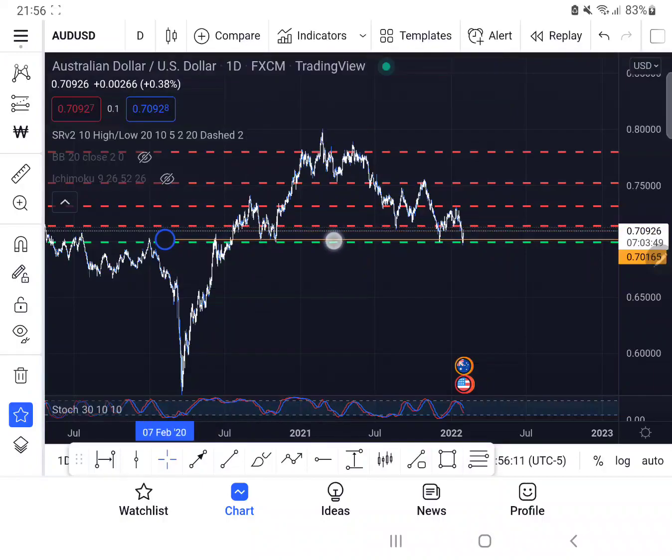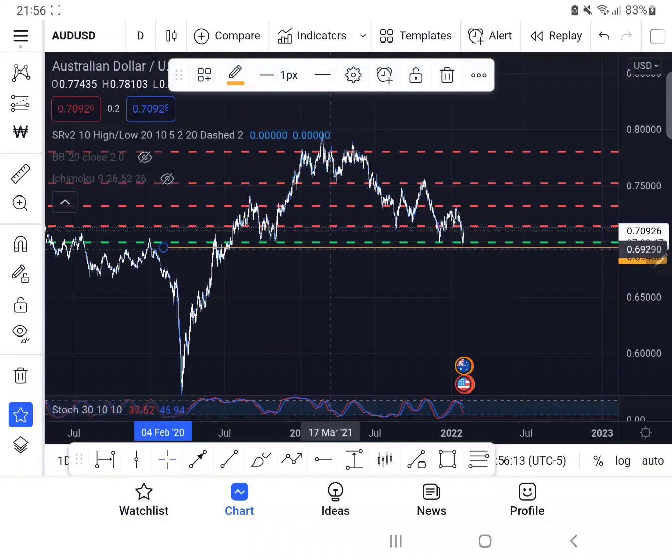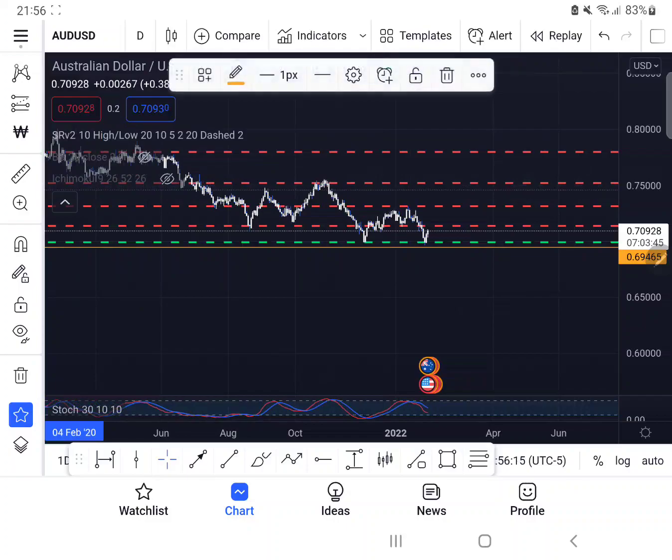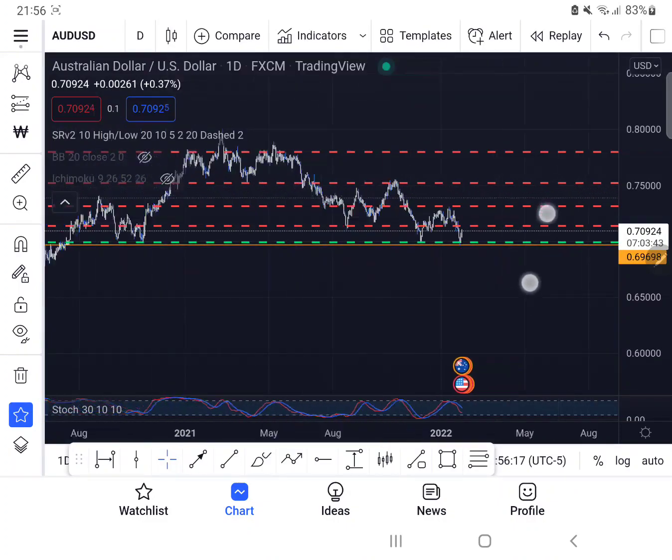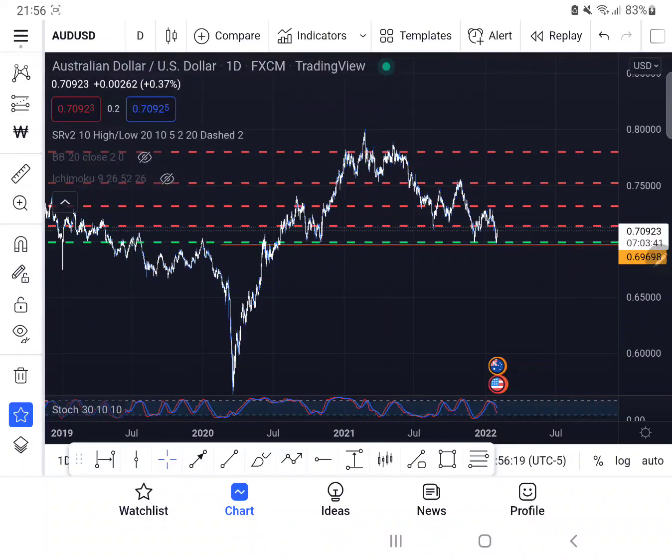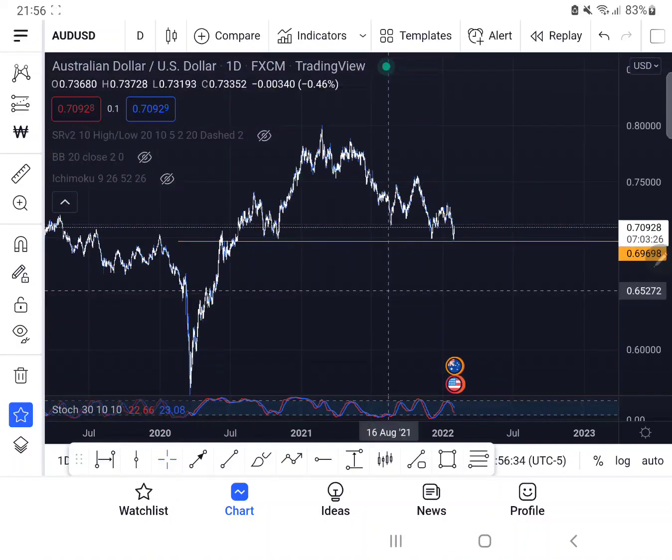Just about this one, there is a significant level below, because it was resisted one time, the earlier one, two times, three times, and four times. This is very significant resistance on daily time frames.